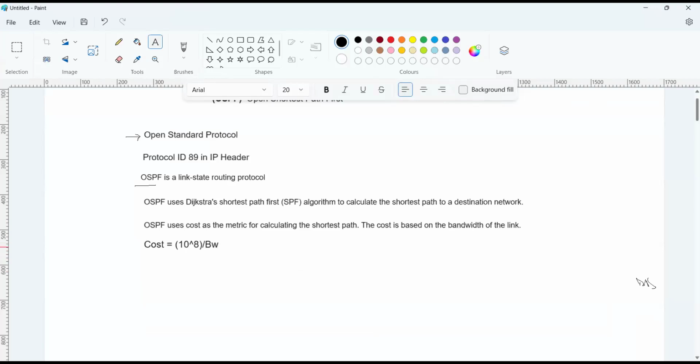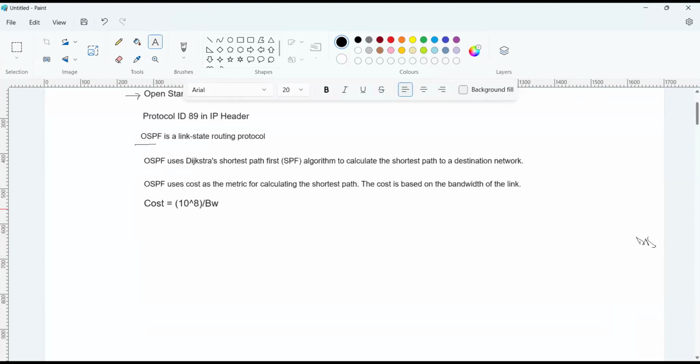All the interfaces have a default bandwidth. An Ethernet link has a bandwidth of 10 Mbps. FastEthernet has a bandwidth of 100 Mbps. And 1 gig has a bandwidth of 1 Gb, 1000 Mbps. Based on that we calculate.